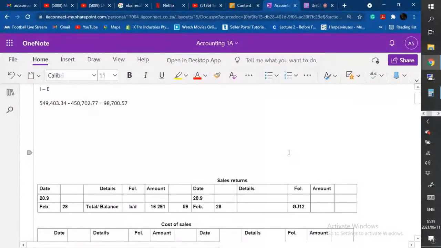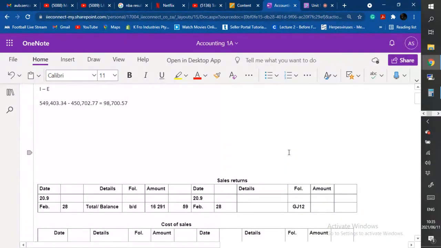The next, it says, open all the nominal accounts in the general ledger with their respective totals as per the above trial balance, okay? Open a trading account and a profit and loss account and show all the closing transfers.